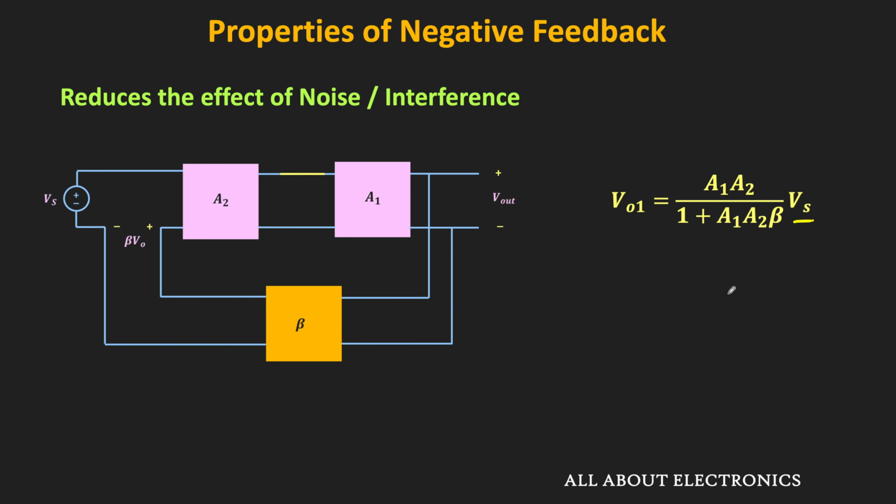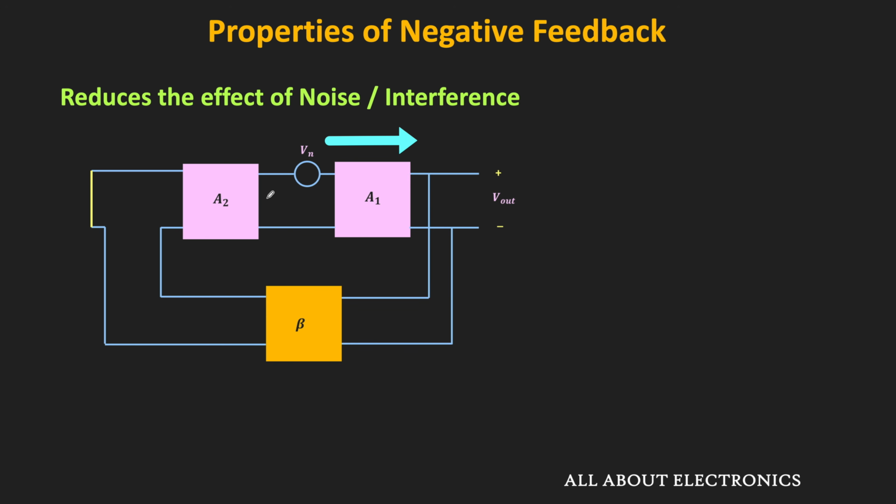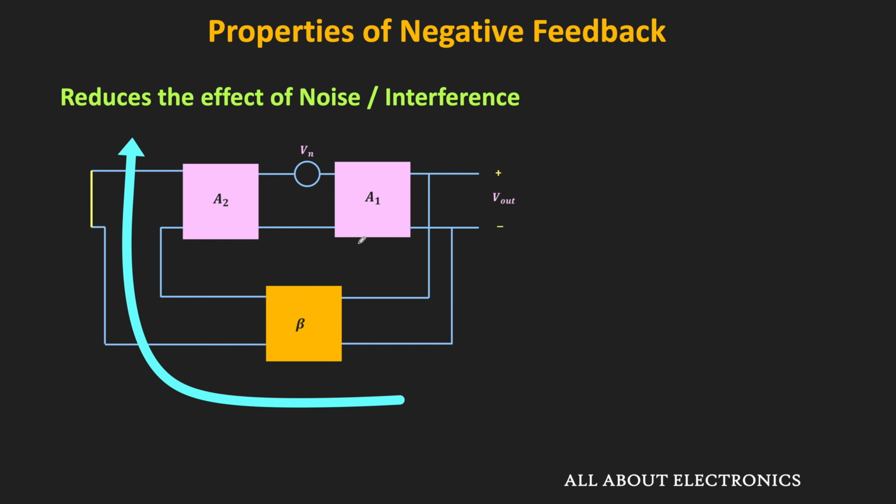So similarly, now let us assume that this voltage source Vn is acting alone and this voltage source Vs is equal to 0. So in this condition, now this Vn is acting as the source signal. That means now the gain in the forward direction is equal to A1. While if we see the feedback path, then the overall feedback factor is equal to A2 times beta.